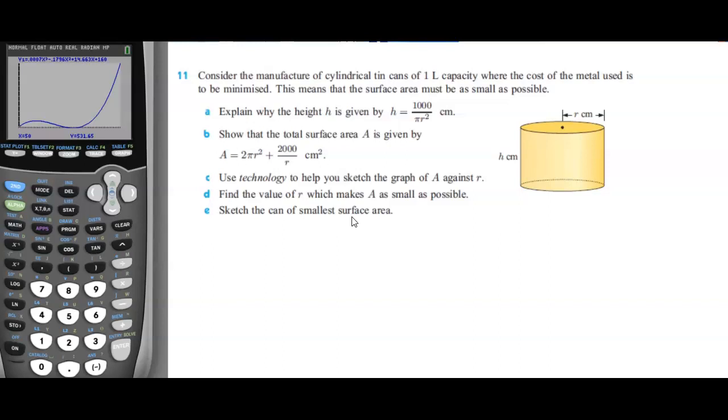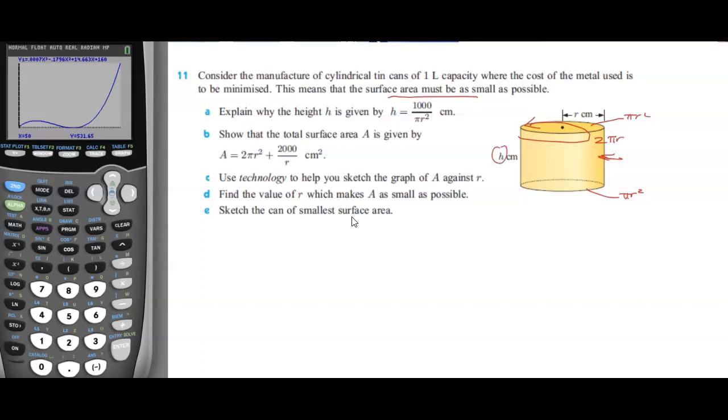Okay, we have a cylinder, and we are trying to make an equation for surface area because we're trying to minimize that. What is the equation for surface area of a cylinder? So basically it is pi r squared from the top, pi r squared on the bottom, and then this lateral piece is going to be 2 pi r around, and then h high.